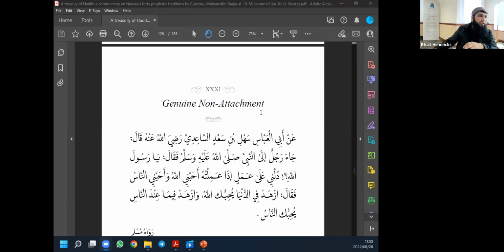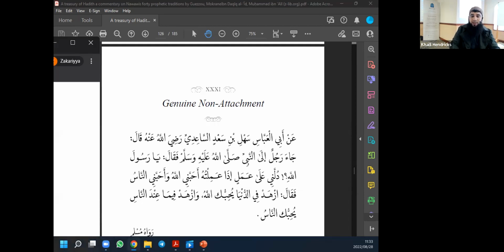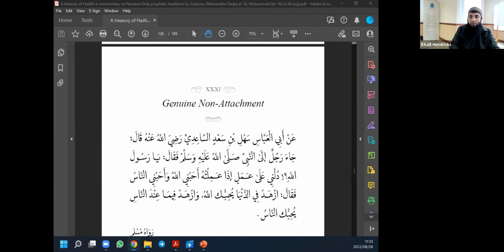Can everybody hear me? Let me actually pull up the hadith. من كانت الدنيا همه, for whomsoever the dunya is his concern, فرق الله عليه شمله, Allah subhanahu wa ta'ala will scatter his affairs for him, meaning his life will be in disarray. ومن كانت الدنيا همه فرق الله عليه شمله وجعل فقره بين عينيه.